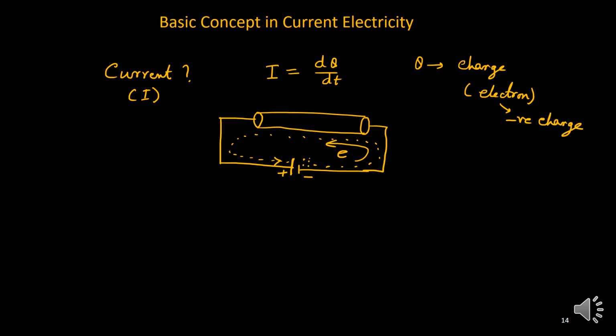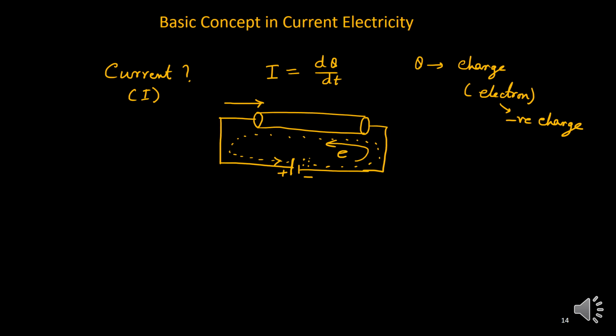Whenever the electron is moving from the negative terminal through the conductor to the positive terminal, we consider that current is flowing from the plus terminal to the minus terminal in the outside circuit.